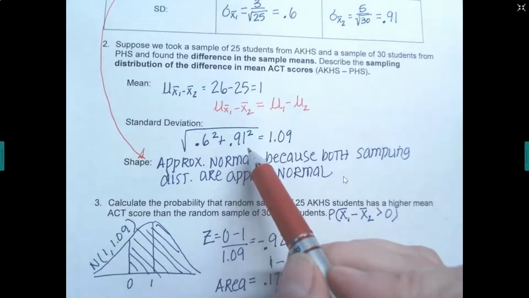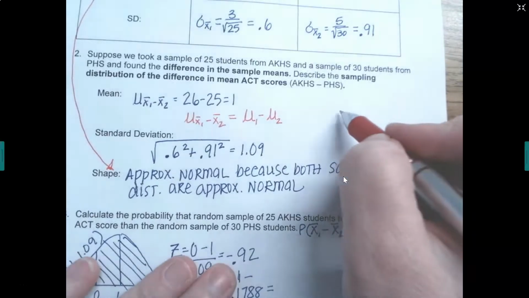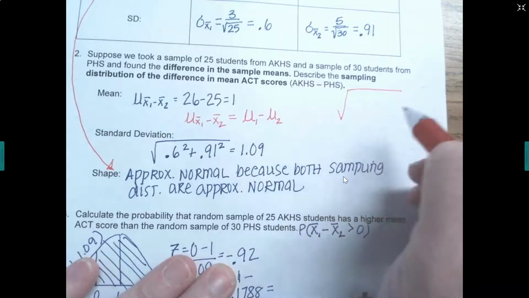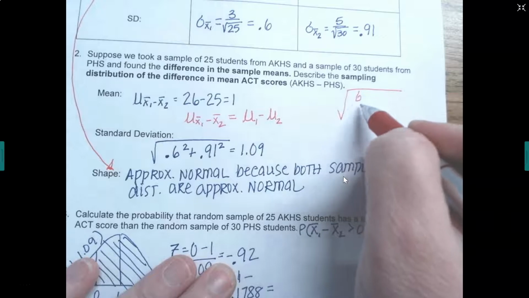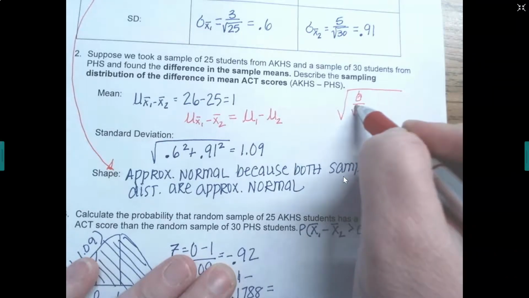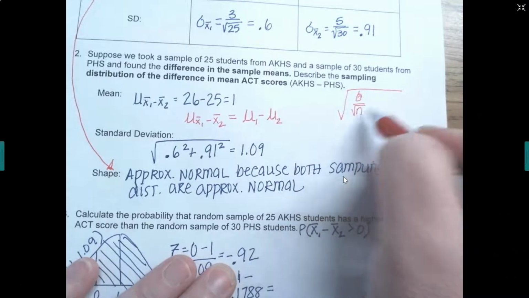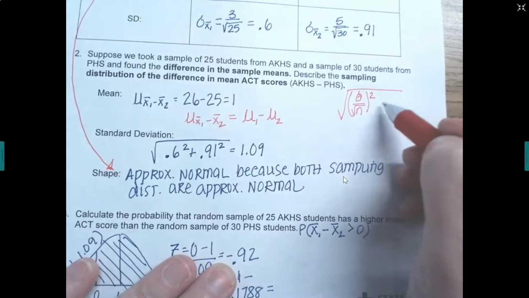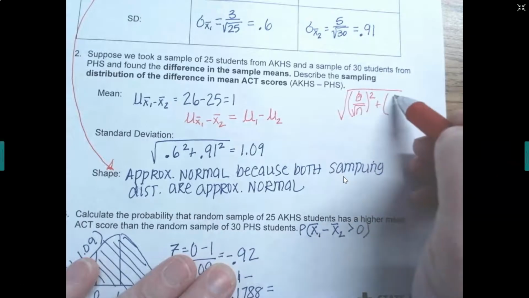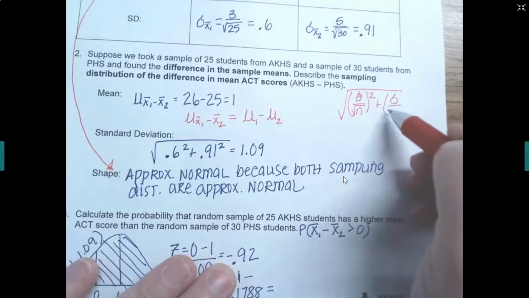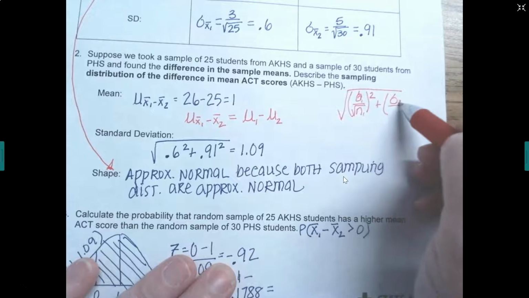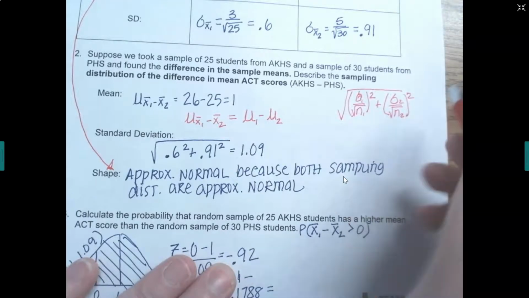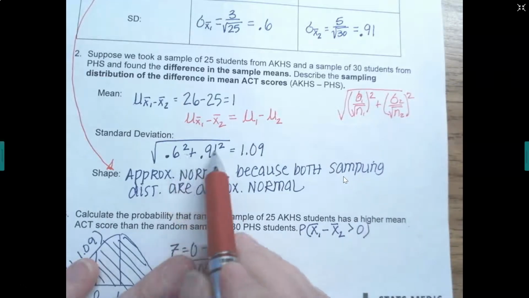Now this formula, what we did for standard deviation is we took the standard deviation divided by the square root of the sample size, but when we put it in we had to square it. Okay, and then same thing here. So these are ones, this is for the second one. And we had to square it, and that's really what we did right here.